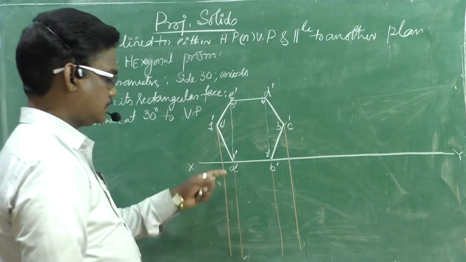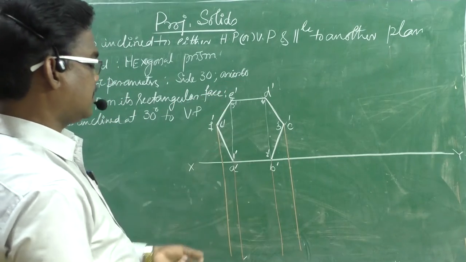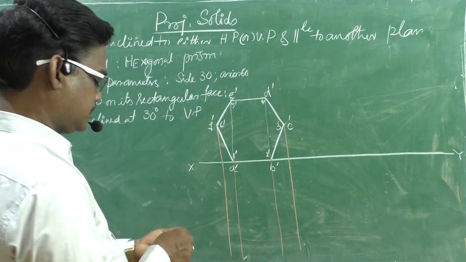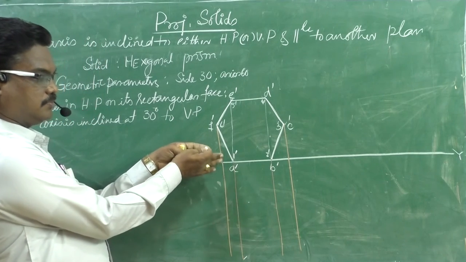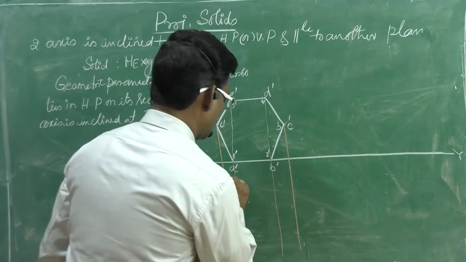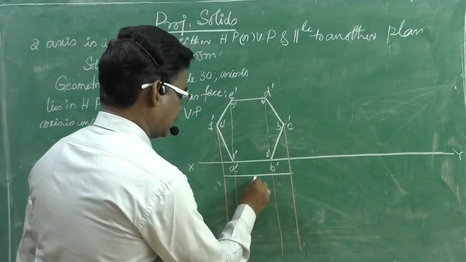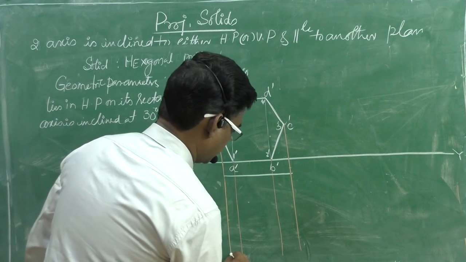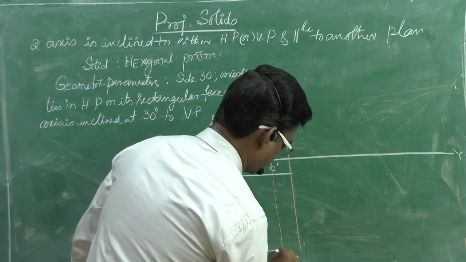This length is the axis length, equal to 60 mm. Let it be 60. The end face distance from the VP is not given, so you can consider it randomly and draw the line. And with axis height equal to 60 mm, you can consider 60 mm and draw it.